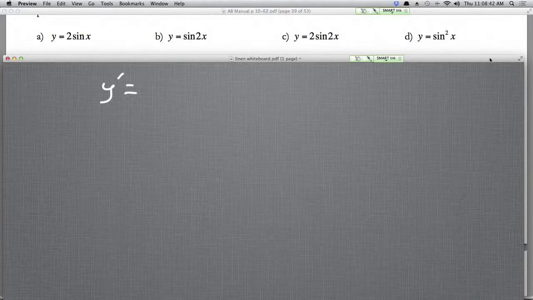Should be a positive cosine of 2x? Is that what you're telling me the derivative is? Probably not. There's going to be a 2 in front of the cosine. It's going to be 2 cosine 2x. Well, why is there a 2 cosine? Why is it 2 cosine 2x?